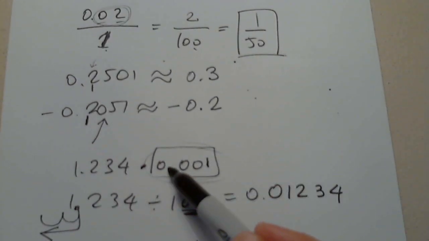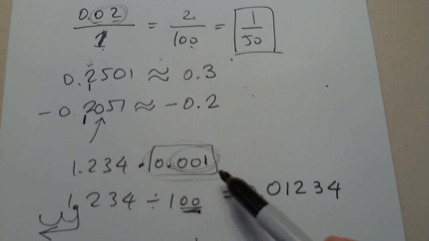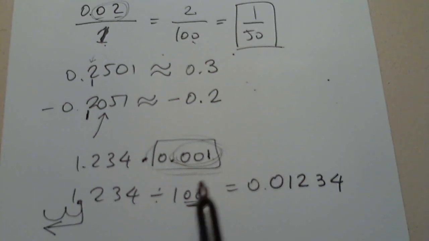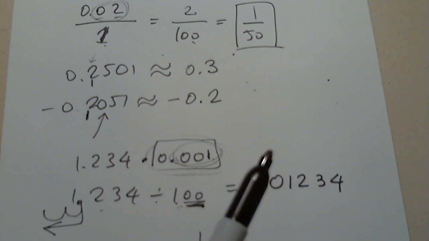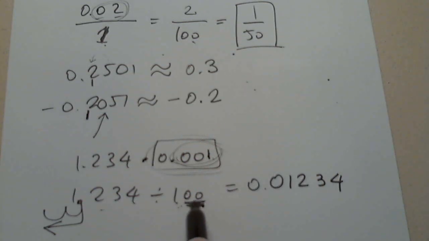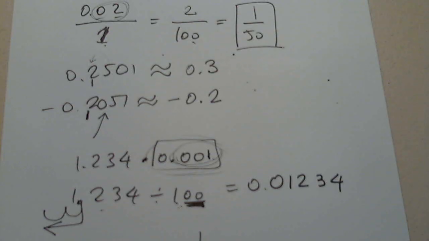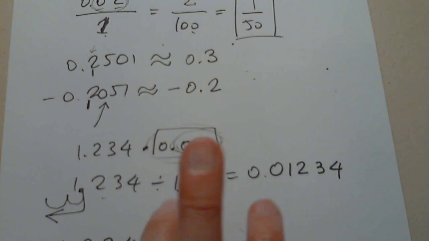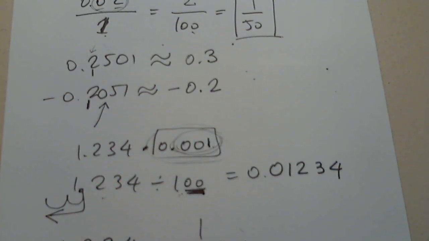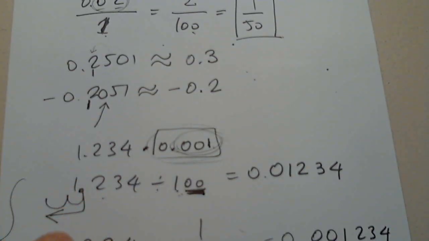Here I have 3 decimal digits, so it's 1 over 1,000. It's the same thing as here, except instead of moving the decimal point 2 spots to the left, I have to move it 3 spots to the left. 1, 2, 3. So I have 0.001234. Is this clear?